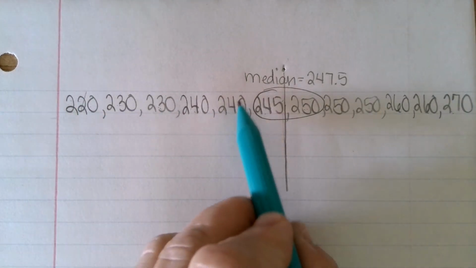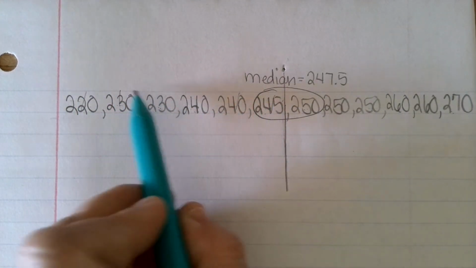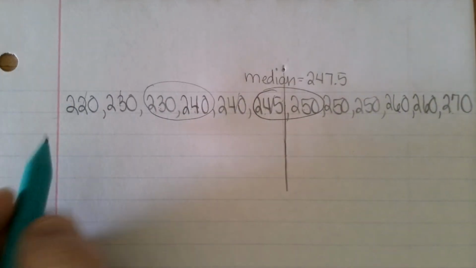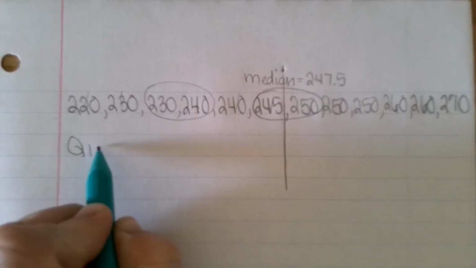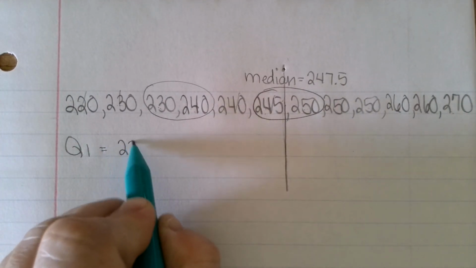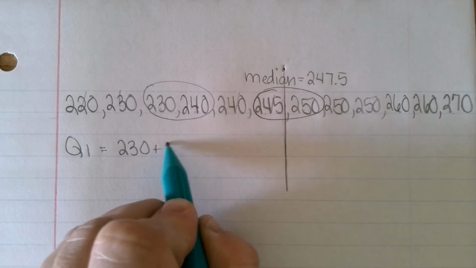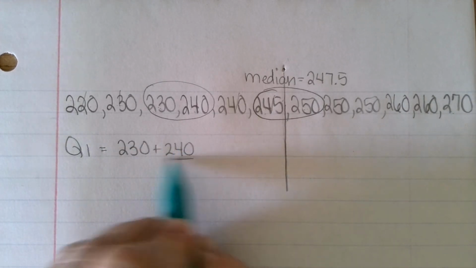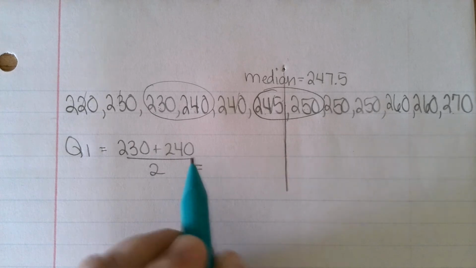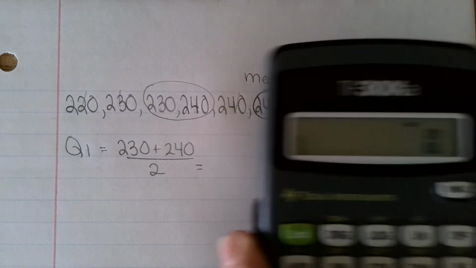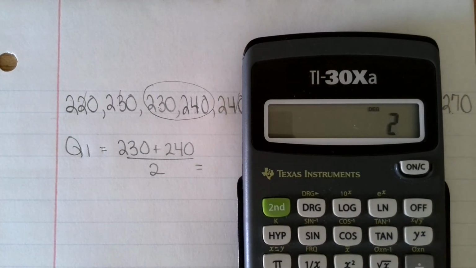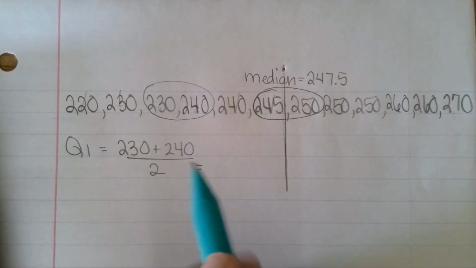If I cross off, I end up with 2 in the middle again. So quartile 1 is going to be 230 plus 240 divided by 2. That's going to give me 235.